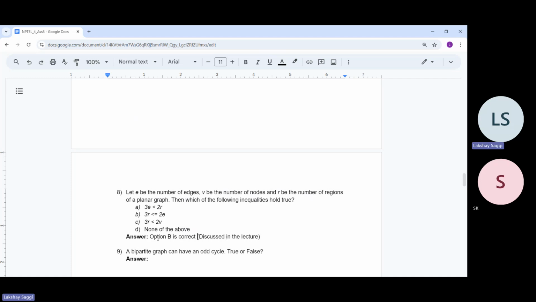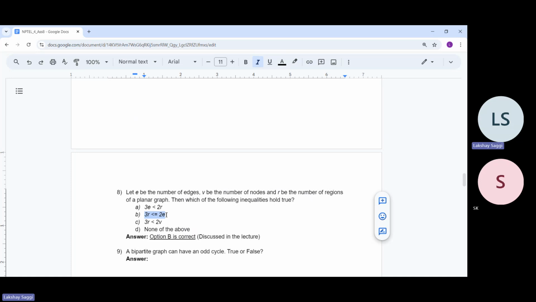But the high level idea for proving this sort of inequality: I hope you know what regions are and what we mean by edges. We know what an edge is and what a vertex is in a graph. In a planar graph, there is another concept of a region.